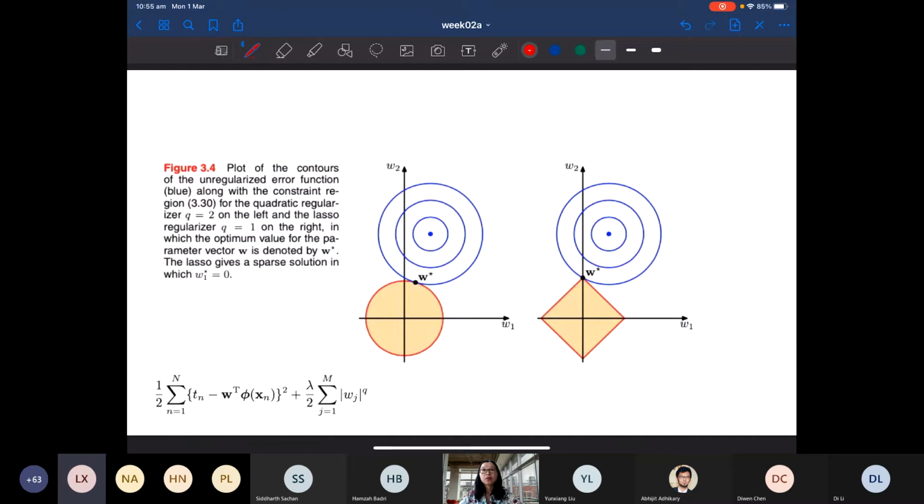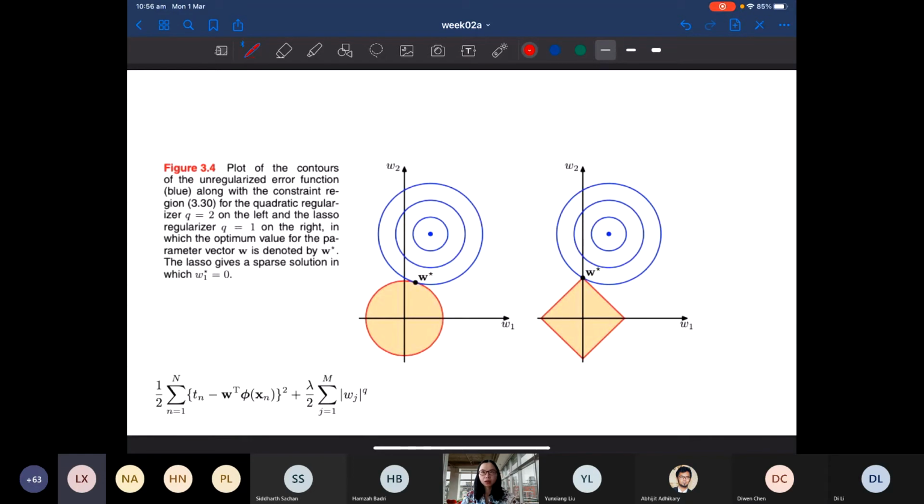In general, the contours of the square loss function are ellipses. But from this intuition of Lagrange multipliers, the optimal solution W star regularized is where the ellipses and the regularizer surface or contours are touching.